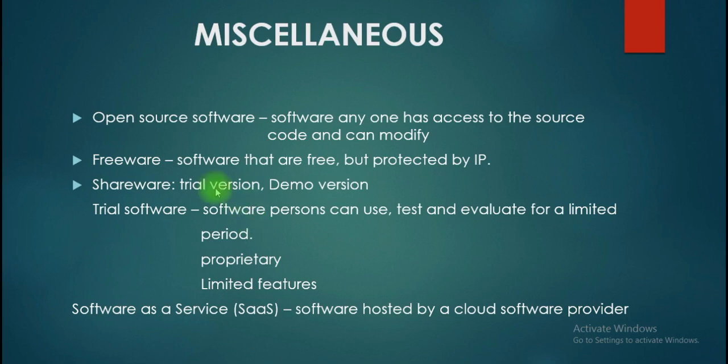With the shareware or trial version, there's typically a limited period of use, typically 30 days, which means that after that time has expired, they may become non-functional, which means that you can't use them anymore, or you may find that they have limited use.